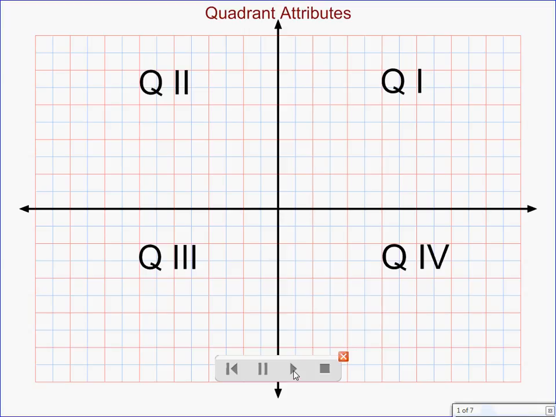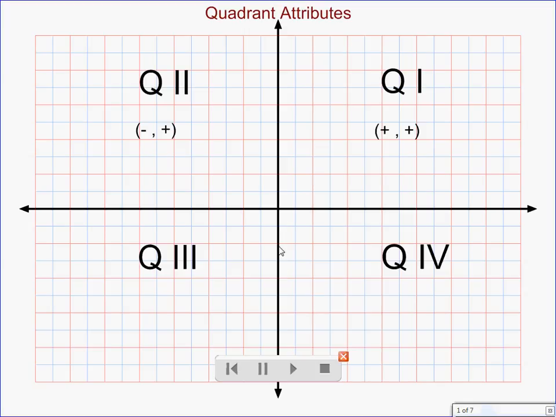Therefore, quadrant 1, the attributes of each point: positive, positive. All points to the left of the origin on the x-axis are negative. And again, all points above the origin on the y-axis are positive. So quadrant 2 has values of negative, positive.